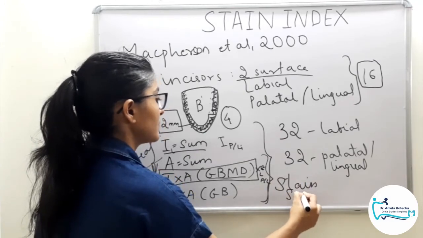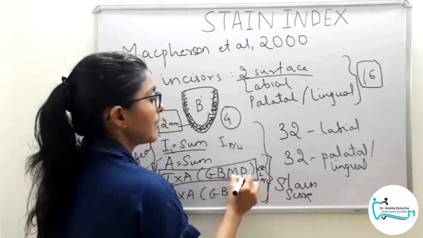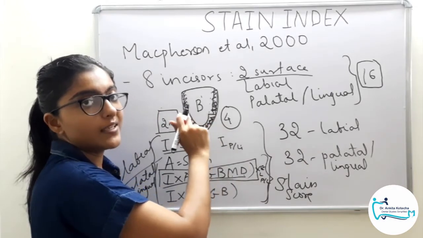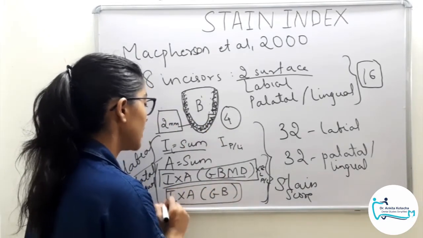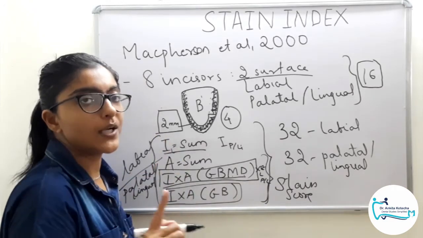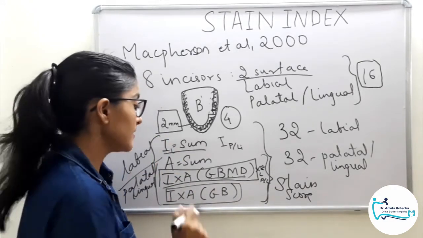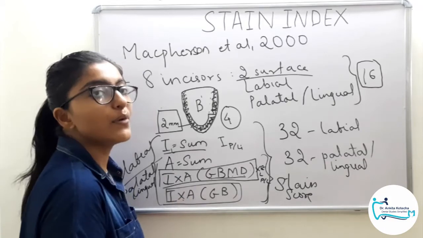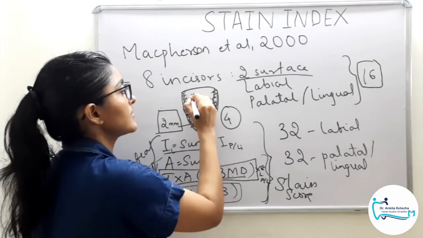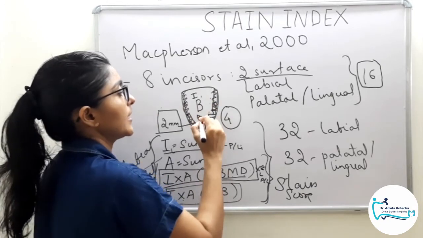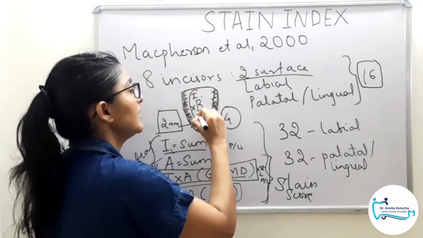Stain score. Stain score GBMD for this modified index per se, and the conventional stain score, that is product of intensity and area. Let me remind you once again, as already discussed, this product is done before summation. That is, let's say this region is scored for intensity and scored for area, and they are multiplied.